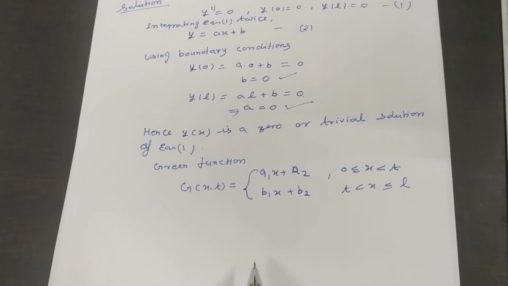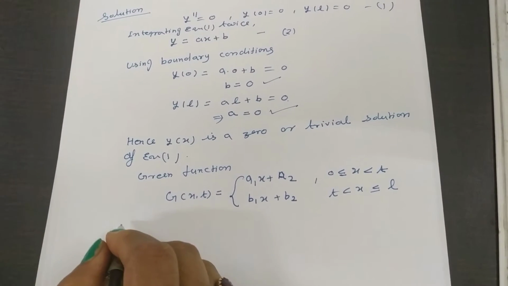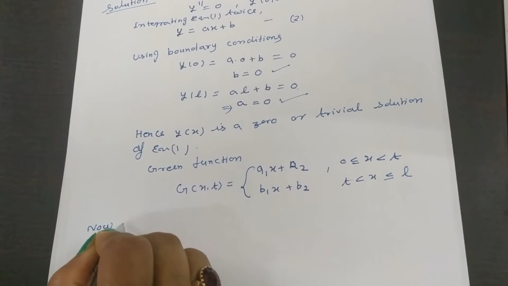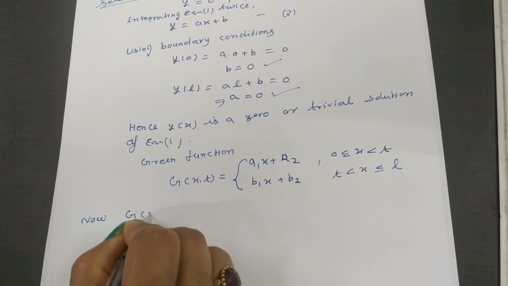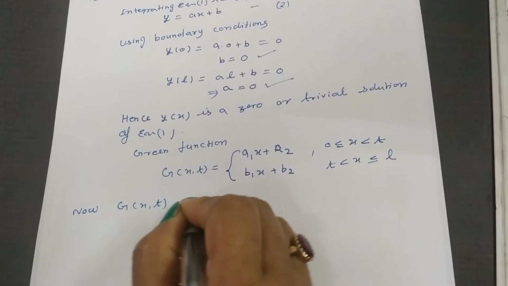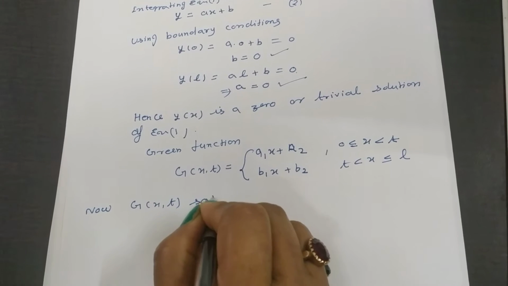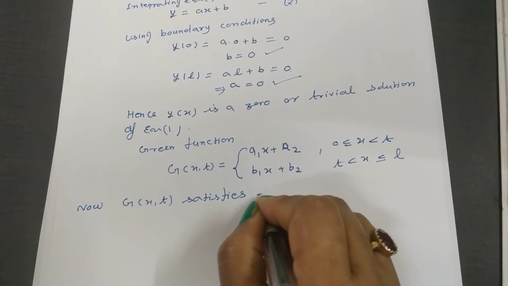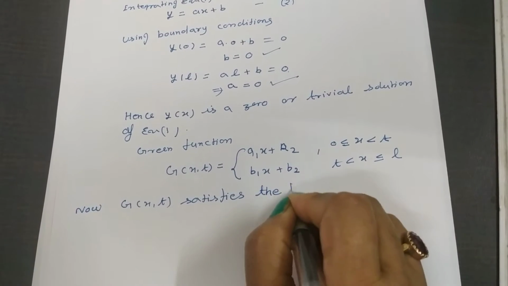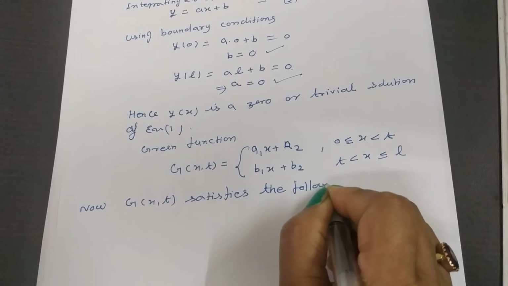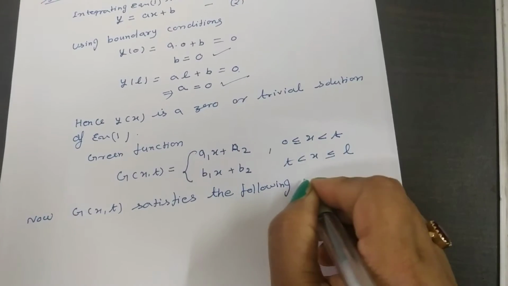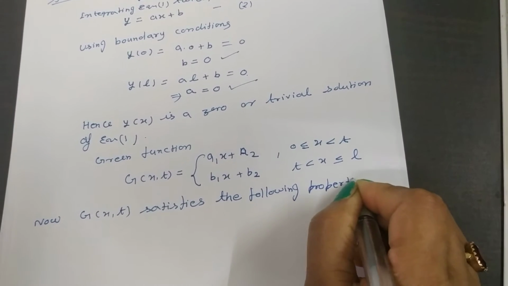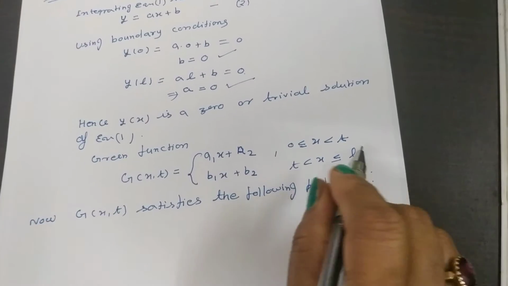Now G(x,t) satisfies the following properties, which I defined in the previous lecture.